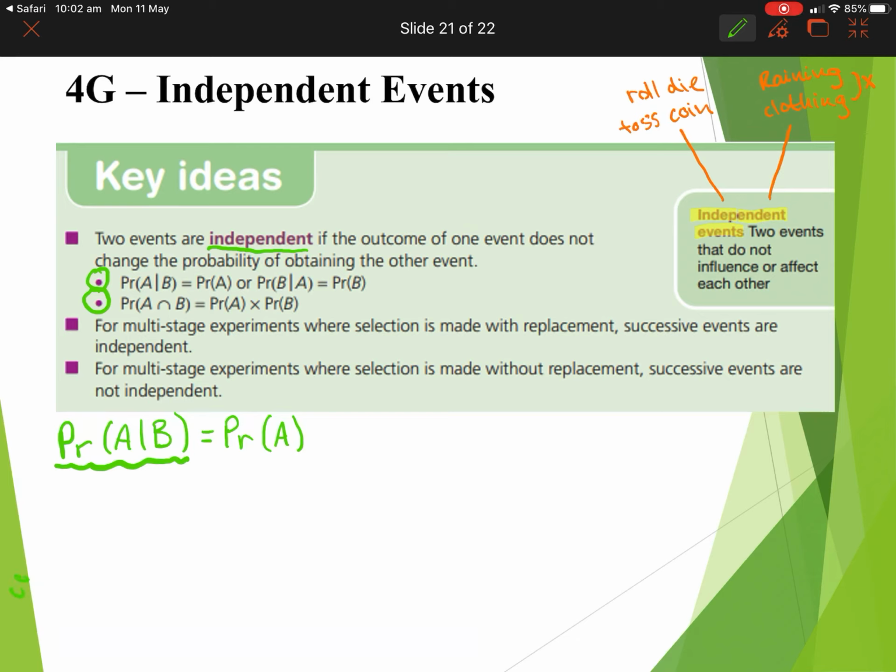Hopefully you remember that. This conditional probability is: you need to get the intersection of A and B and divide it by the probability of B. Now, if that equals the probability of A, then that means it is independent. So that's what this one means.